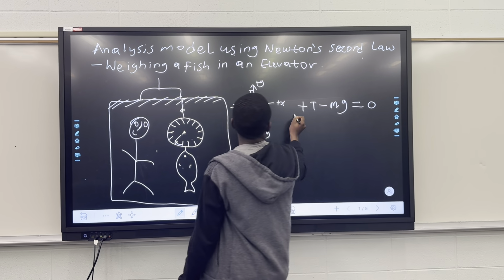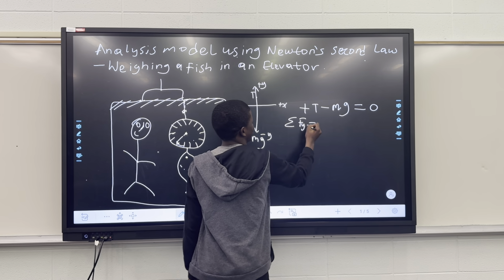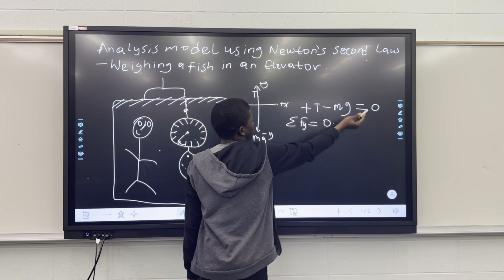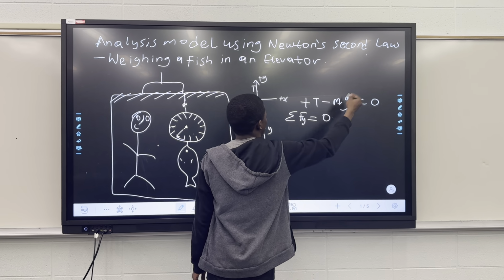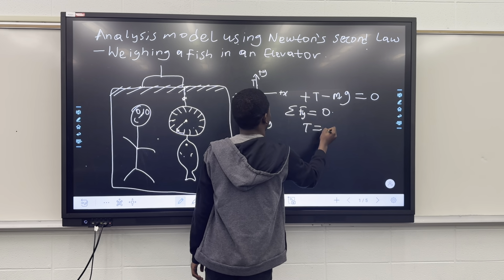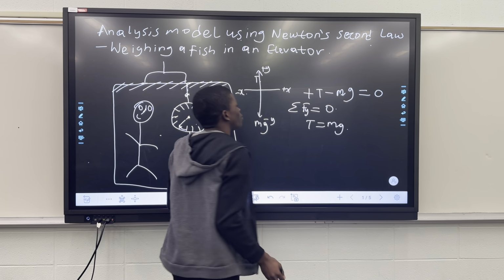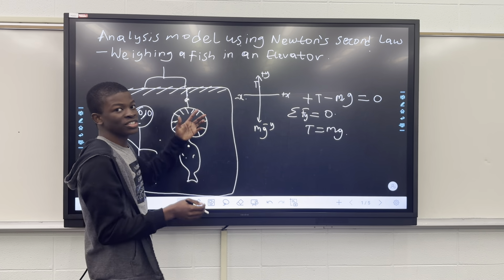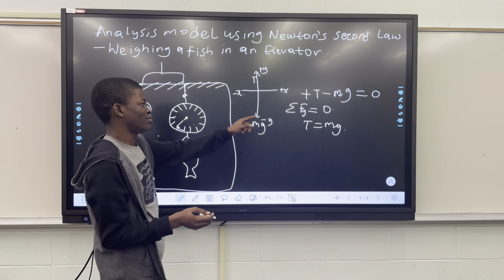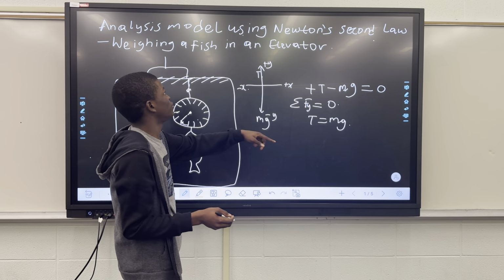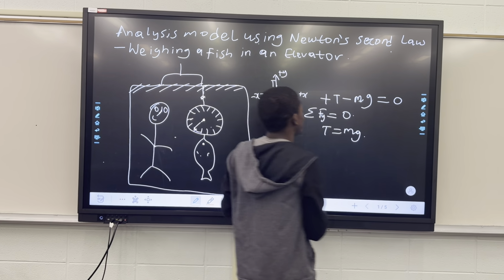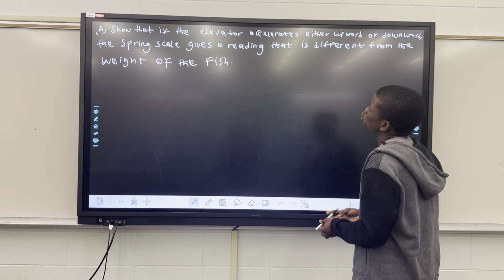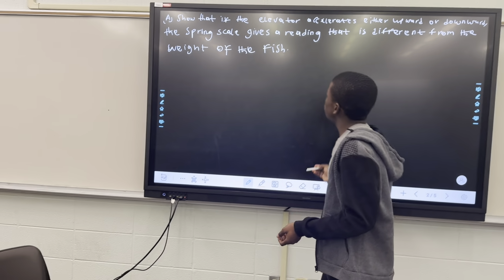So I'll write summation Fy equals 0. I'll equate this and bring this weight over there, and so T will be equal to mg. So at rest, the reading on the scale, which is the tension, is going to be the weight of the fish. So that's mg.